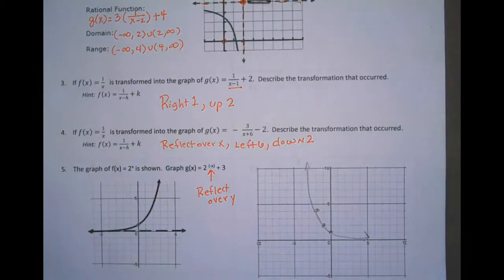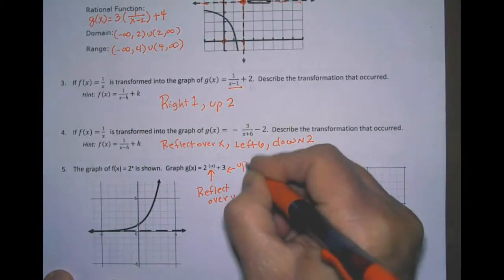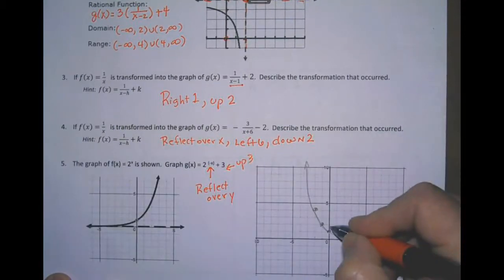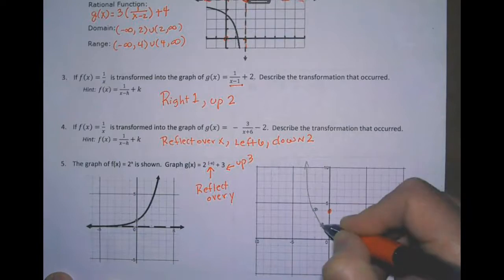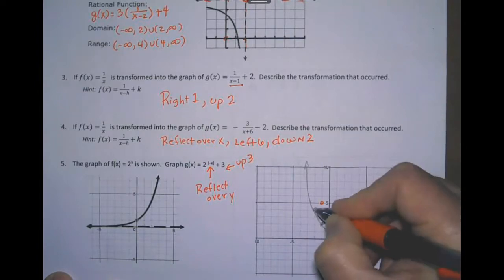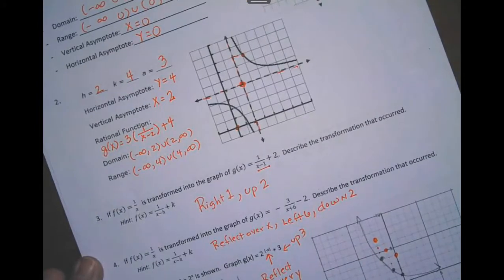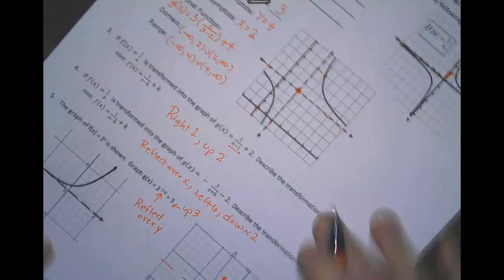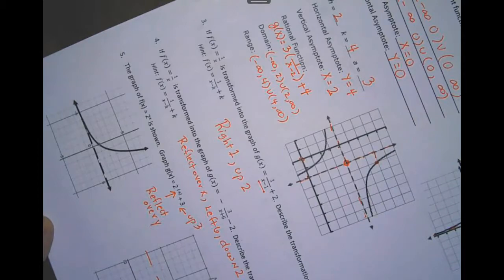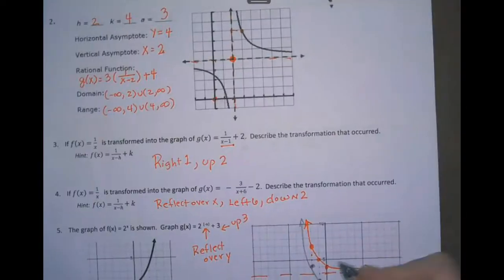is what it looks like with a reflection over y, and then from there it's going to move up 1, 2, 3, and the asymptote, instead of being at 0, will be at 3, because it has been moved up 3, and so this is g of x in red.